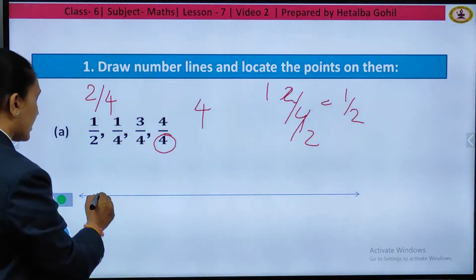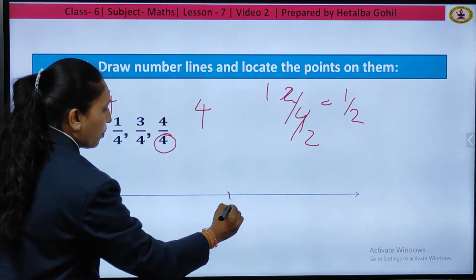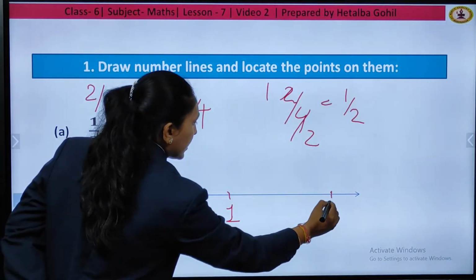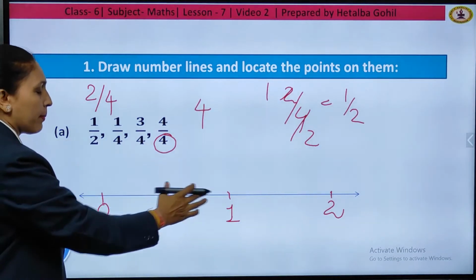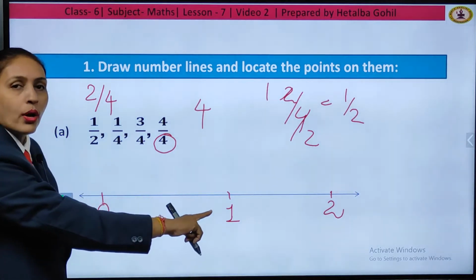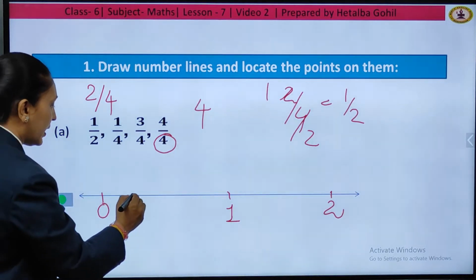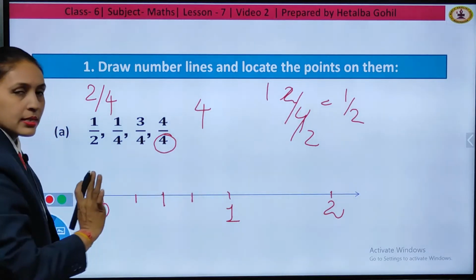Okay, so let us first start marking the whole numbers 0, 1 and next is 2. Now how many parts do you have to make between the two numbers? 4 parts. As I told you, the fourth one has to be the whole number only. So in between, 1, 2, 3 and the fourth is 1.